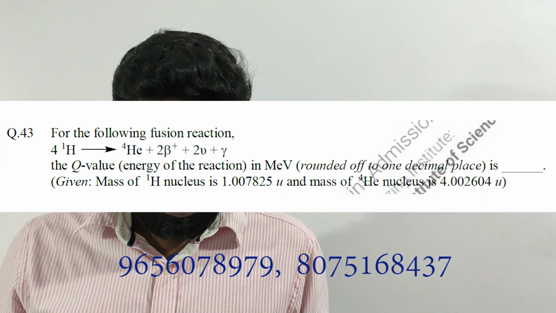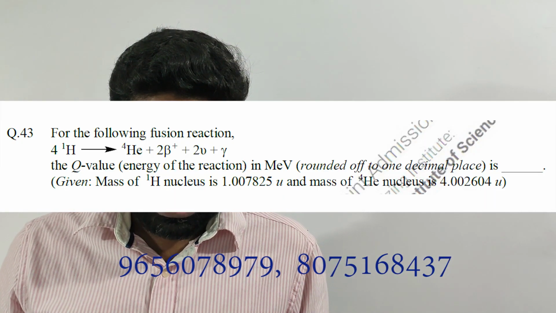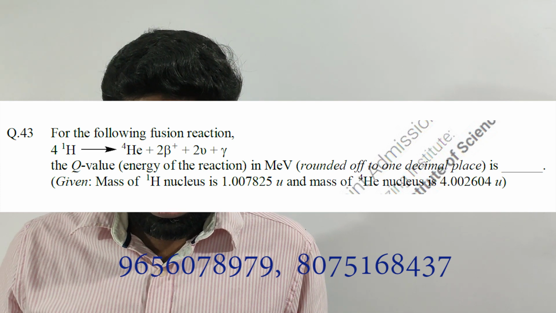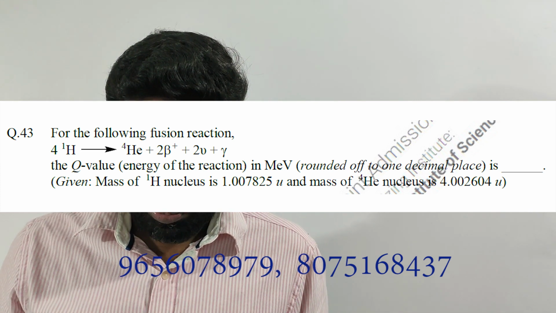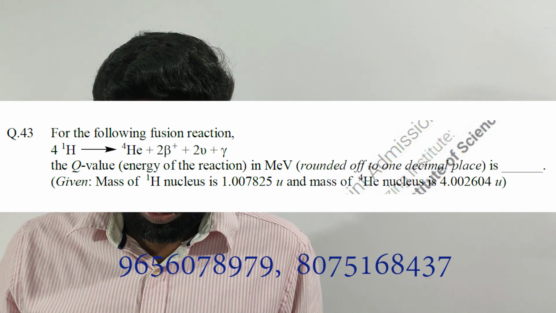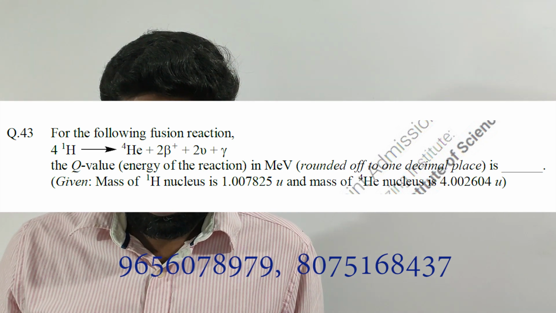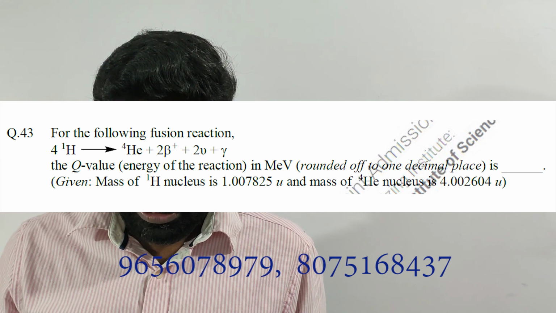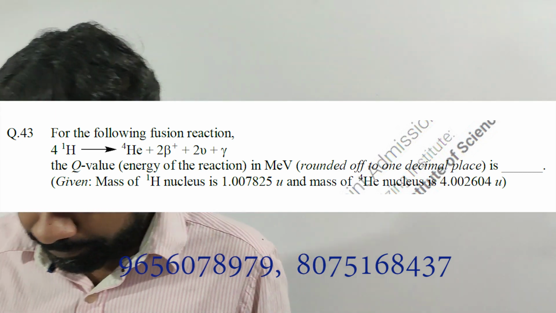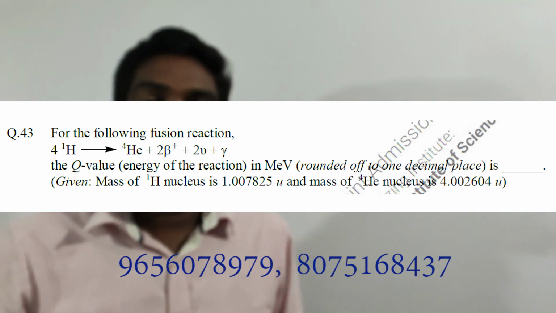Now let's move on to question number 43. For the following fusion reaction, 4 hydrogen gives helium plus 2 beta plus, 2 neutrino, plus gamma. The Q value, energy of the reaction in mega electron volt, rounded off to 1 decimal place, is. Okay, let's see how to solve this.